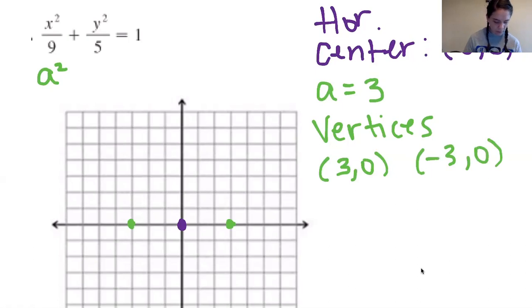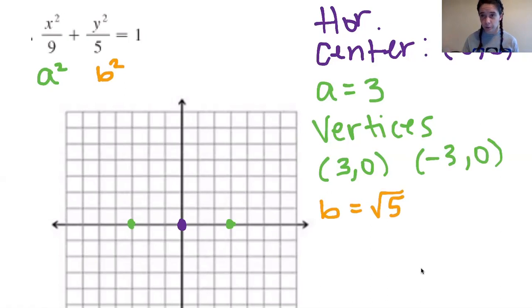Now, this means that 5 is b squared, which means b is radical 5. So when we plot the endpoints of our minor axis, we are going to go up radical 5.